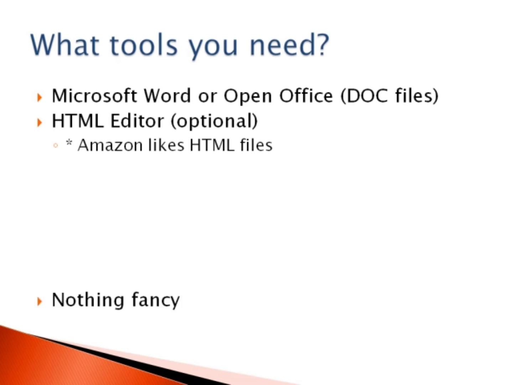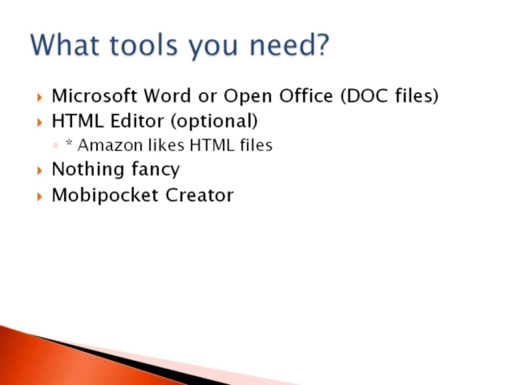Amazon likes HTML files. There's nothing fancy about the tools that you're going to need. In fact, you don't need to go out and pay any money. We're going to use a software called MobiPocket Creator, which basically allows you to convert your HTML files, I believe, and then protect them and things like that.